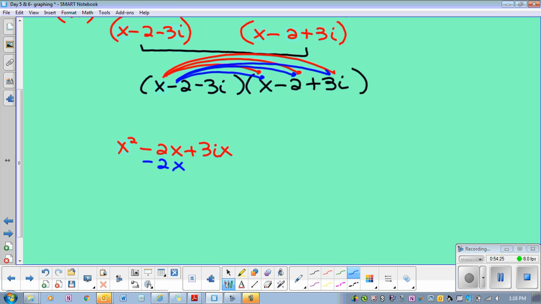Negative 2 times negative 2 is positive 4. Now I'm going to make a new one over here. Negative 2 times 3i is negative 6i.